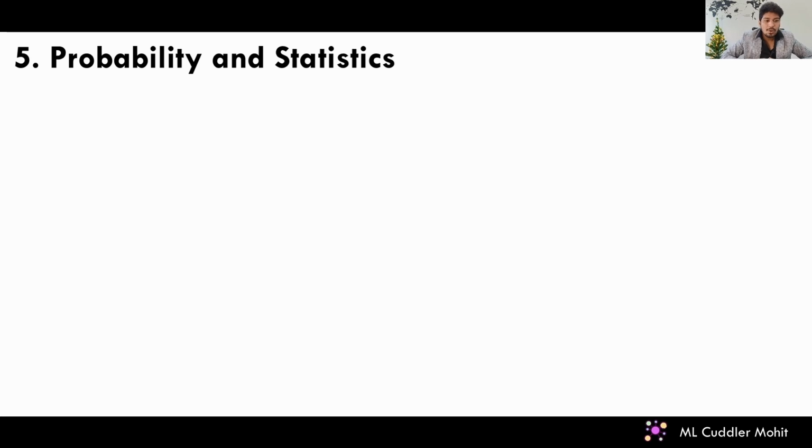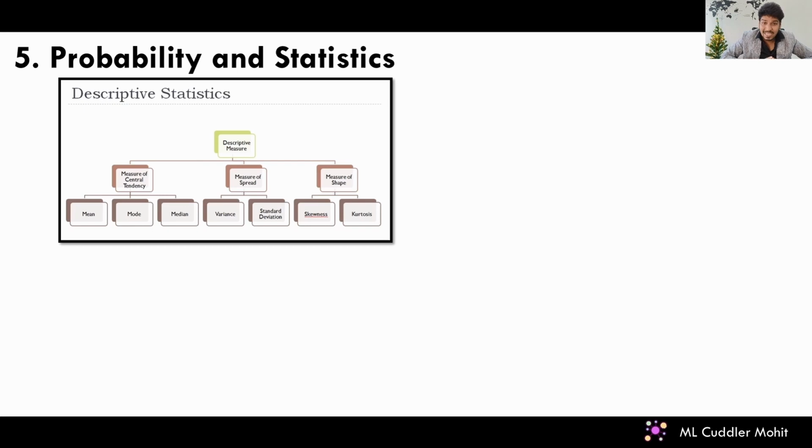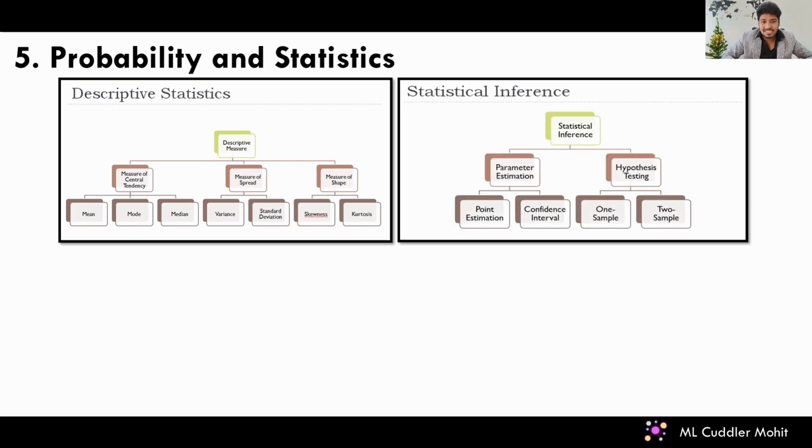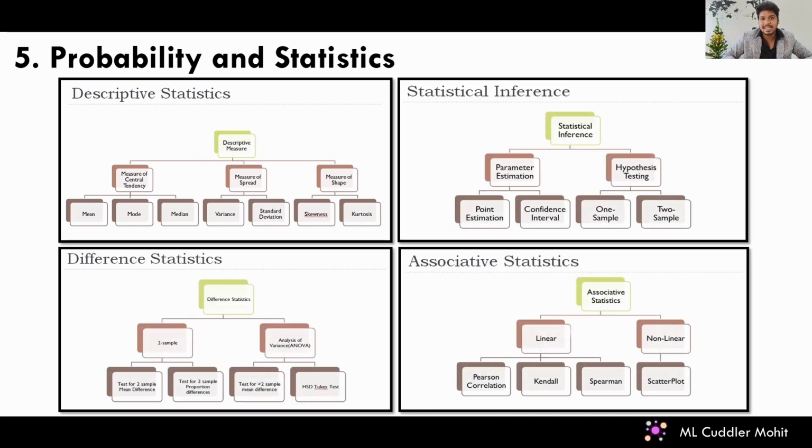There are 5 types of statistical analysis: descriptive, then statistical inference, then differential statistics, and associative statistics, guys. These are the 4. And the fifth one, which is not there in the slide, is predictive statistical analysis, in which we build predictive models like linear regression, logistic regression, and much more.